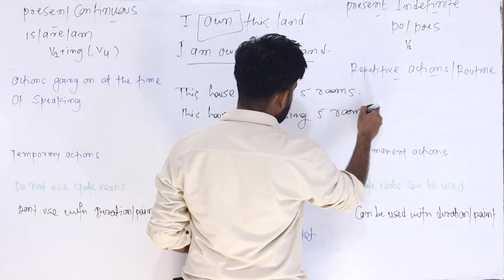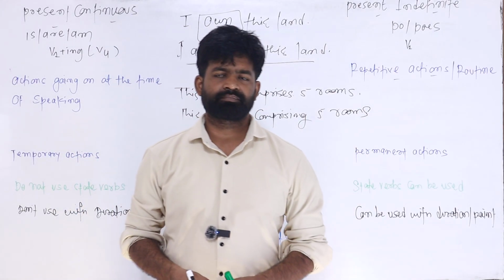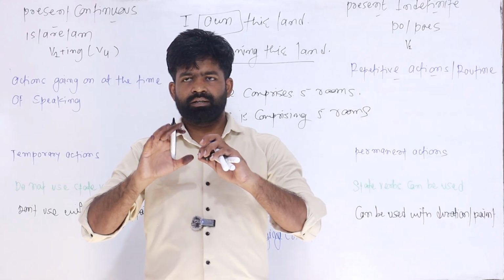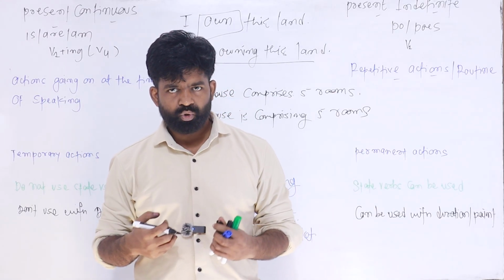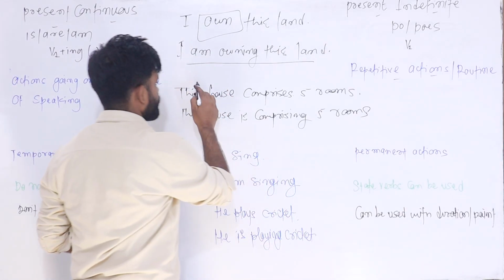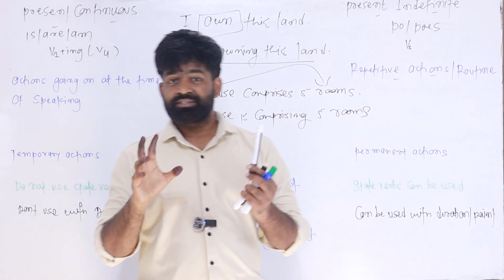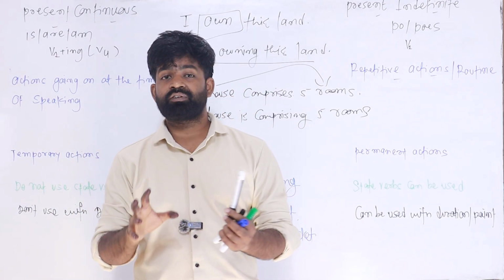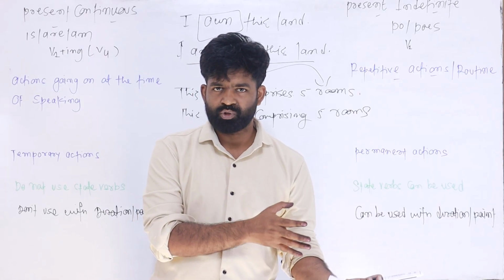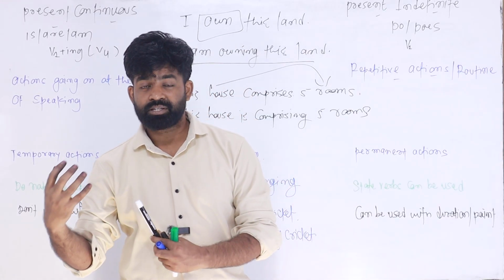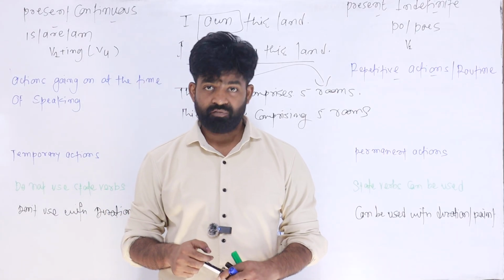So comprise means something that accommodates something, that kind of circles something. So whenever you say that a certain house has 5 rooms, in this sentence we are not going to use the word comprising. We'll always report this sentence in present indefinite. So we'll say this house comprises 5 rooms and not this house is comprising 5 rooms.